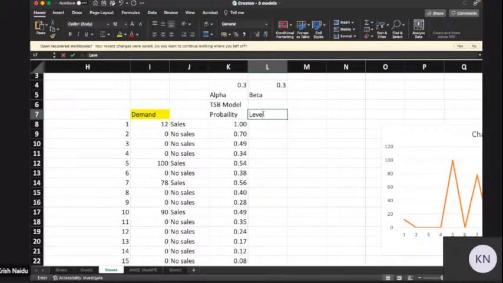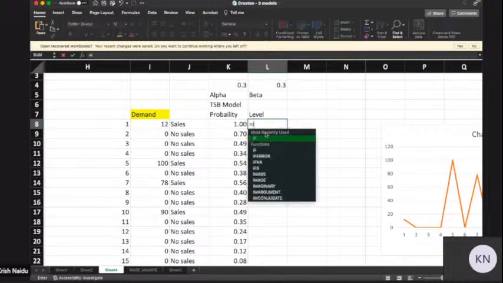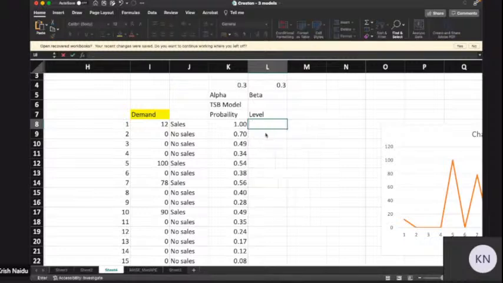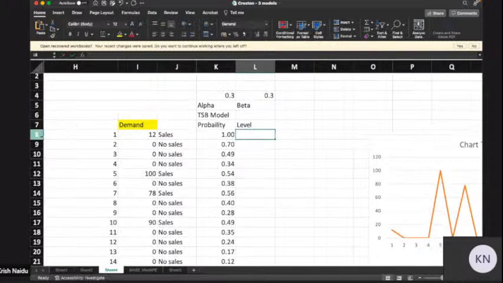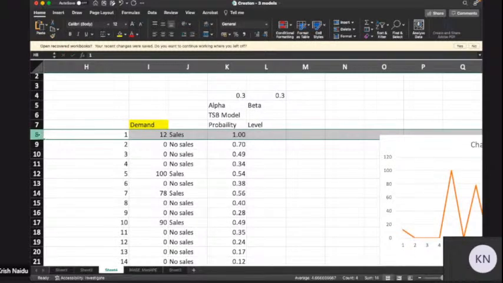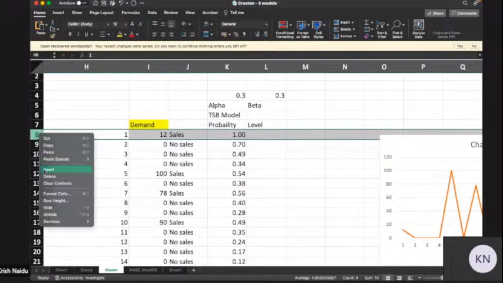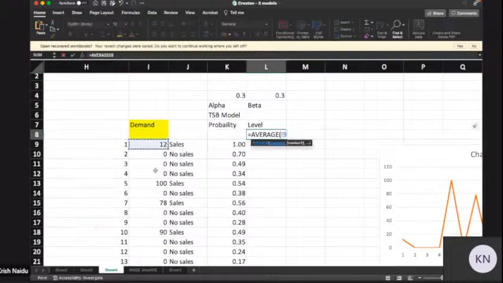Now, before that, I'll take the average of my demand. This is my average.